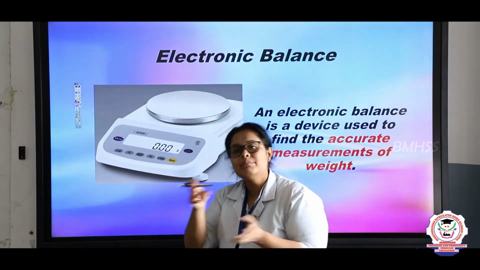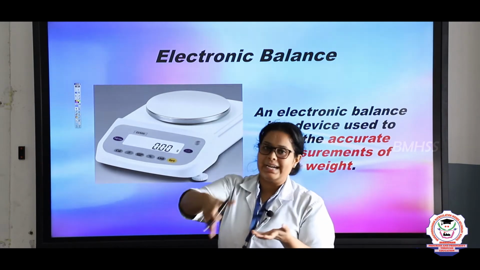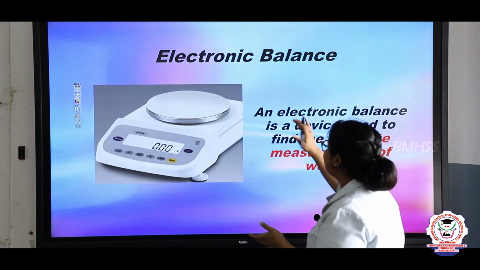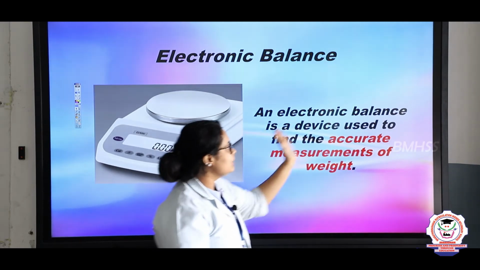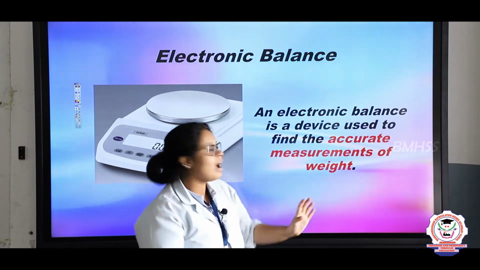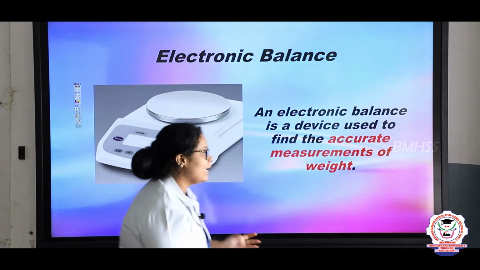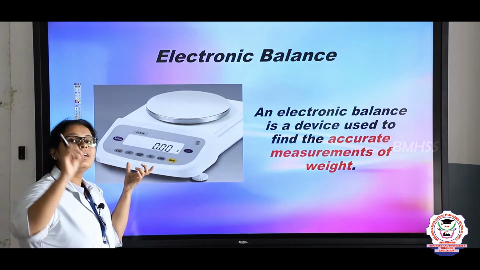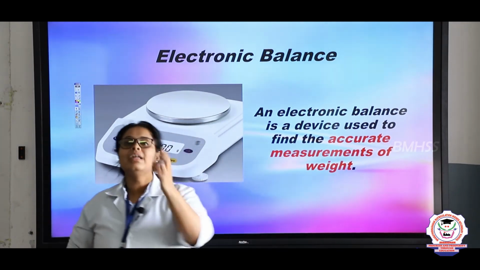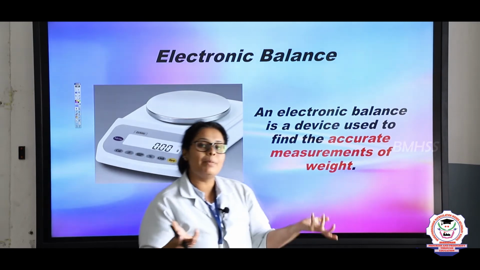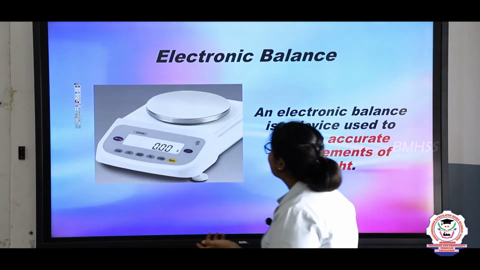That can be fixed just by removing or adding, right? So here the definition of an electronic balance is: an electronic balance is a device used to find the accurate, correct measurement or weight of a substance. Here we took the example of sugar, right?